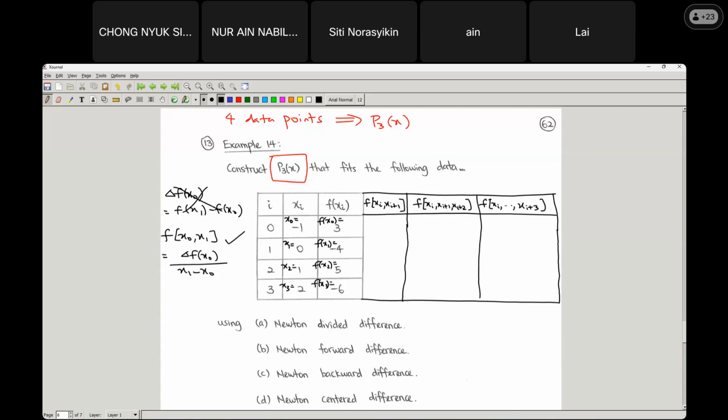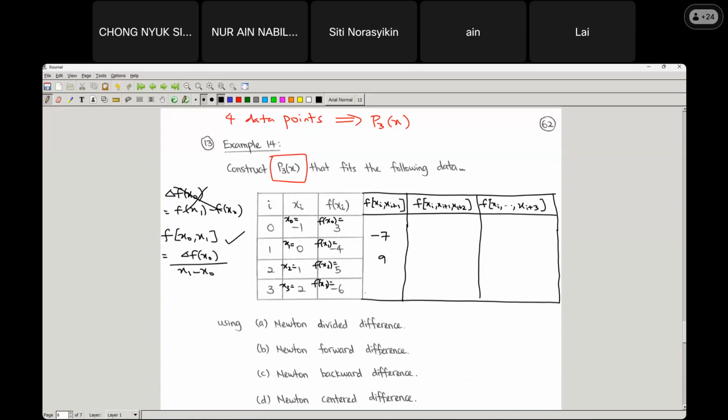So the first one is we take f(x1) minus f(x0) divided by x1 minus x0. So the answer that I have obtained here is -7. Okay? Next, we take f(x2) minus f(x1), that is 5 minus -4, divided by x2 minus x1, so that is 1 minus 0. So I obtain the answer 9.